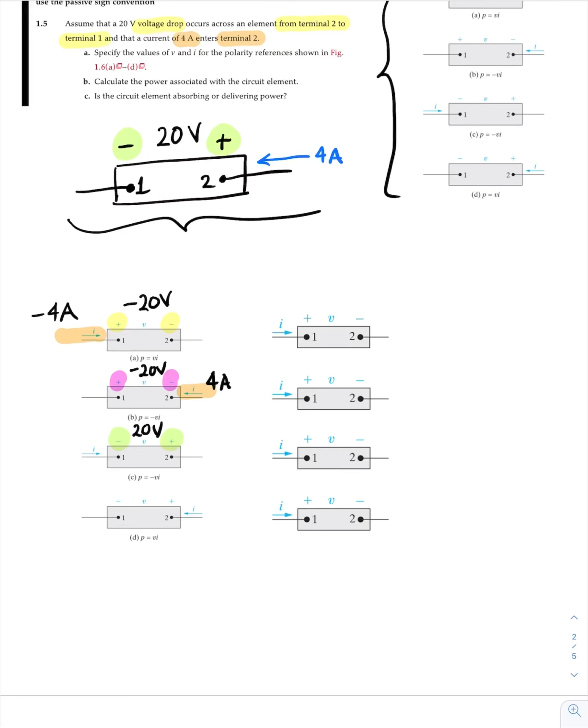In circuit C, the current is entering into terminal 1, but our defined current is entering into terminal 2. So we will change our sign for the current. All right, let's take a look at our last circuit element.